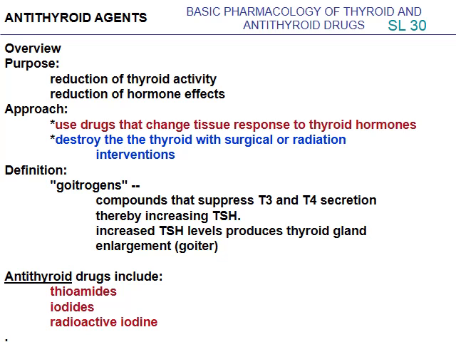And so this increased TSH can trigger the thyroid gland to get bigger, and in some patients actually develop a goiter, an enlarged thyroid. The drugs we'll discuss in the antithyroid category will include the thioamides, the iodides, and the radioactive iodine.